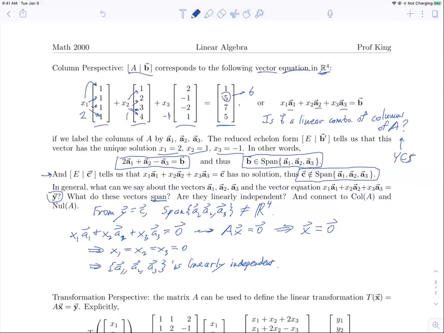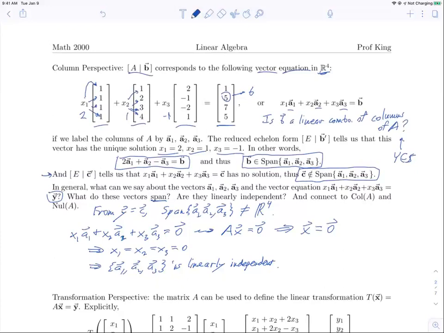Okay. The columns do not span R4. Sorry, R4, we're in 4-dimensional space; the columns are in 4-dimensional space. But they are linearly independent, which means the span really is 3-dimensional because there's no redundancy. We talked about that, right?